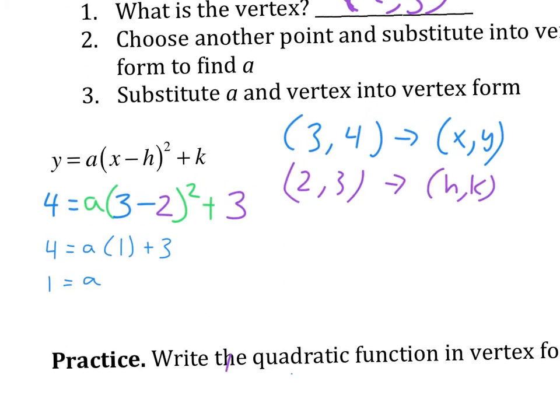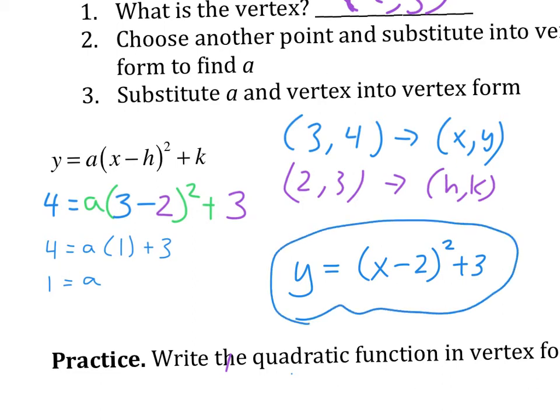I have to go back to my basic vertex function, but this time A is 1, and my h is 2, and my k is 3. And there we go. This here is my answer. Notice that there is a little hidden 1 right here that we don't need to even write, but that is substituted in over there, and my h, k was substituted in there. And that's it.